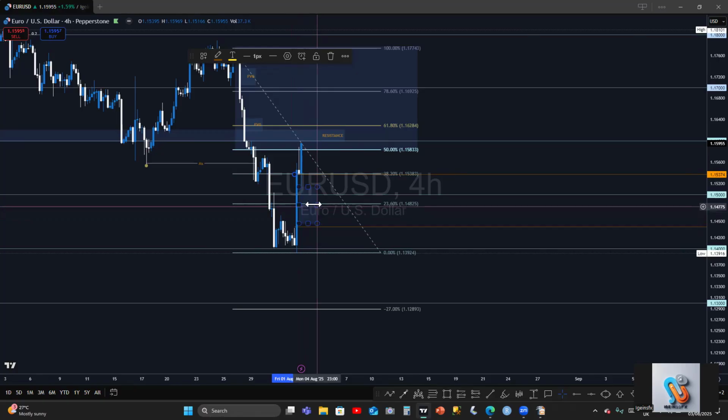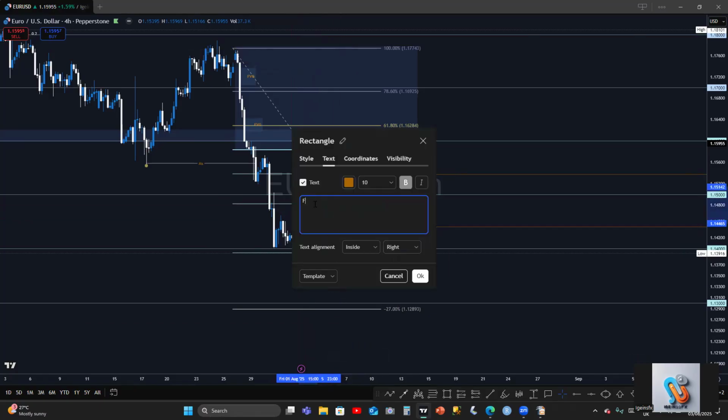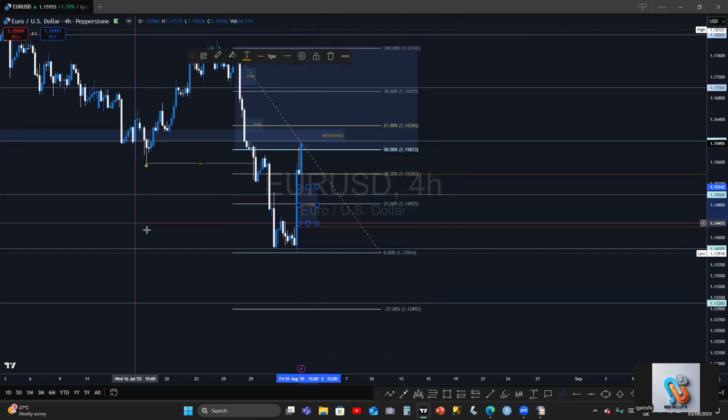We can call it imbalance, we can call it FVG, we are referring to the same thing. Some people call it fair value gap, that is FVG. Some will call it imbalance. So everything is the same. Once you use that word fair value gap, you are referring to imbalance.